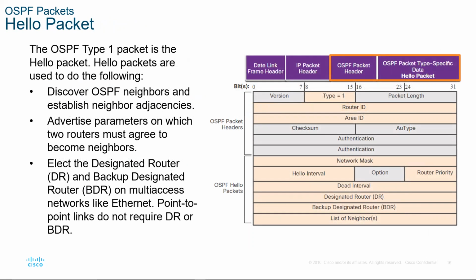So the hello packet, I'm not going to go into every single field, just be aware of the main ones. The type is important because that defines the packet type. The router ID is used to tell its neighbors where the source of this packet is and what area it's working in.